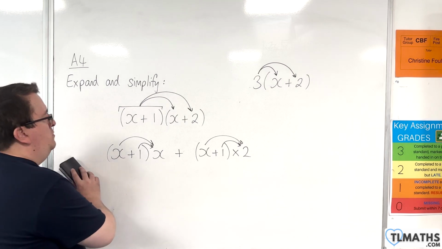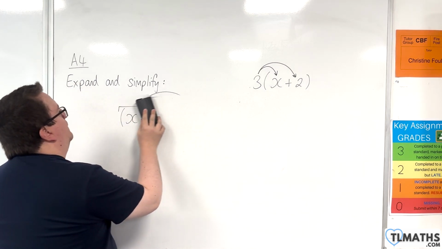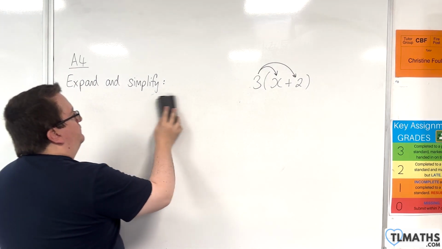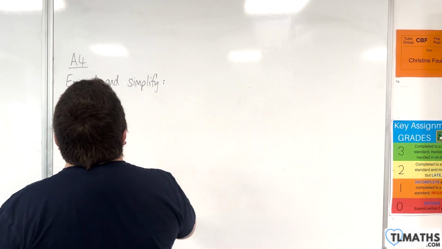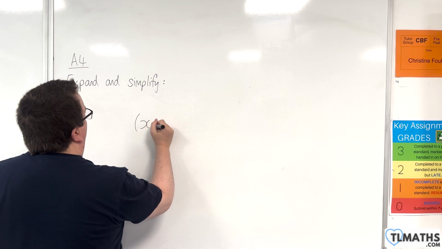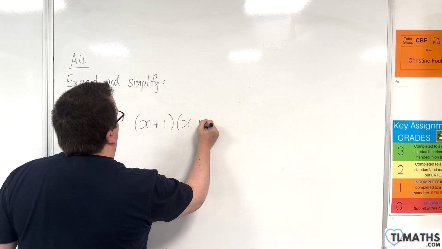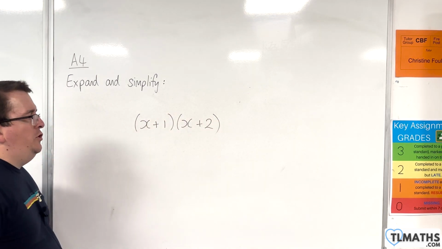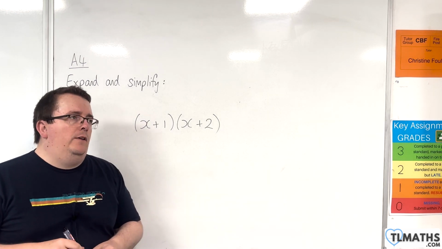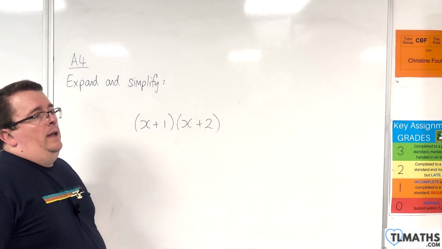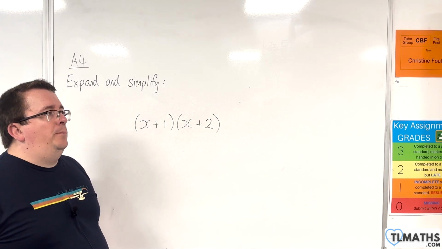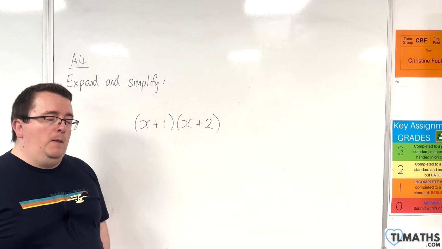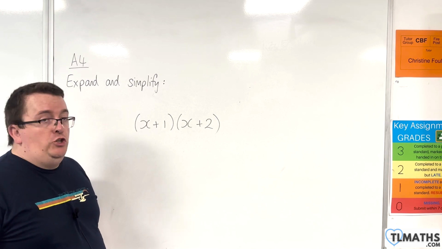Okay, and there's 2 main ways of tackling it. So, x plus 1, x plus 2. Now, the 2 main ways that get taught in schools would be FOIL and expanding using a grid. Okay, and I will essentially show you both of them.